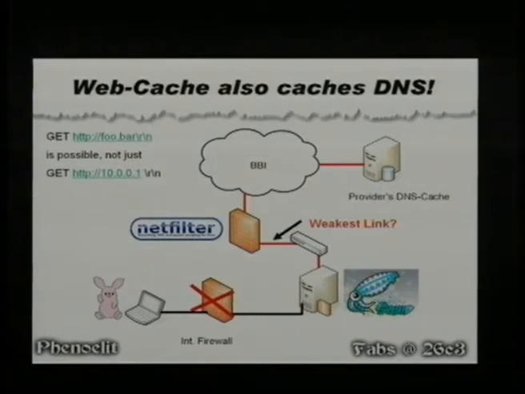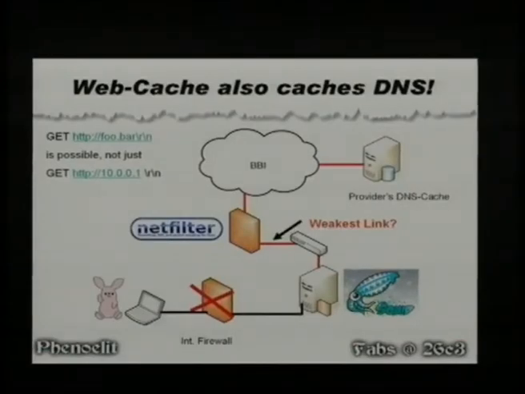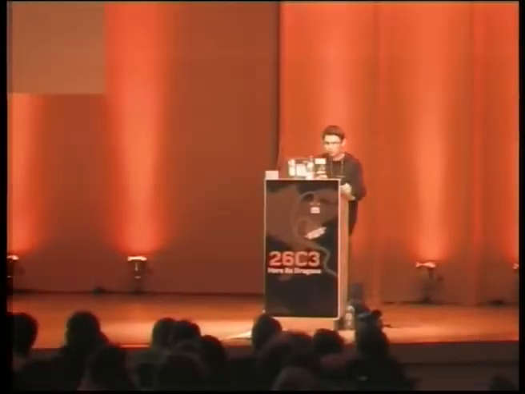Okay, poisoning the cache. The interesting thing about the Squid web cache is that it's actually not just a web cache, it's also a DNS cache. This gets obvious because you can tell it to get foo.bar and not just some IP address. It caches DNS for a max of 24 hours, so that's enough for us to want to attack it.